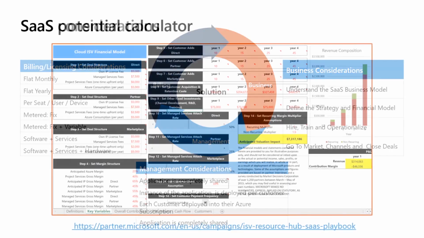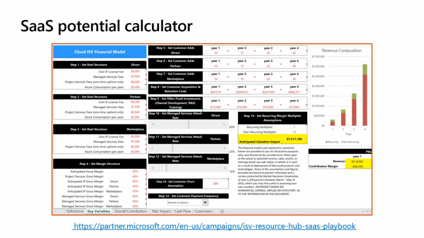One of the tools that we have developed internally, and it's free for everybody to use, is part of the SaaS playbook, and you have the link below. It's a potential calculator. So this is an Excel-based calculator that would allow you to enter the information about what is your ROI, what is your current costs, how you plan to sell space on that SaaS offer, right?